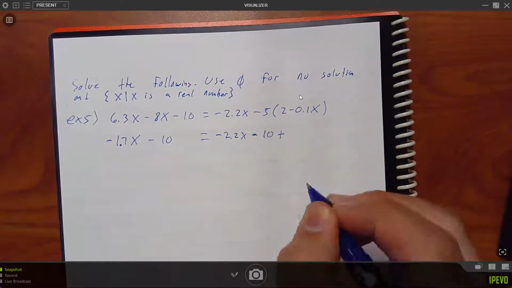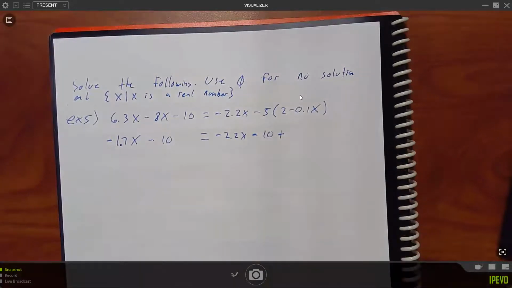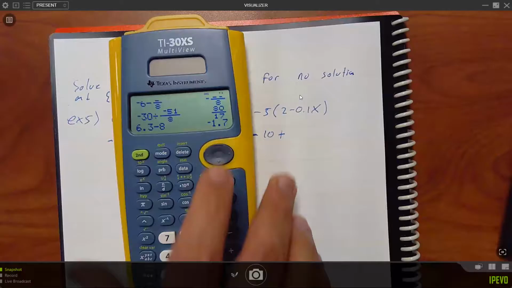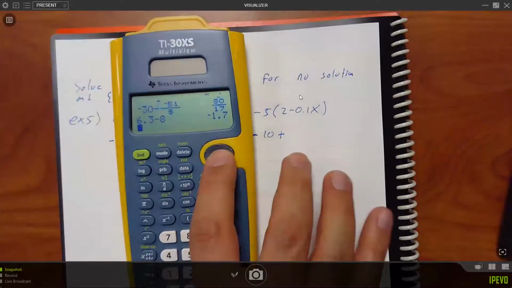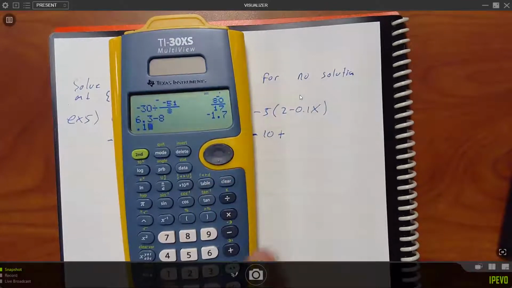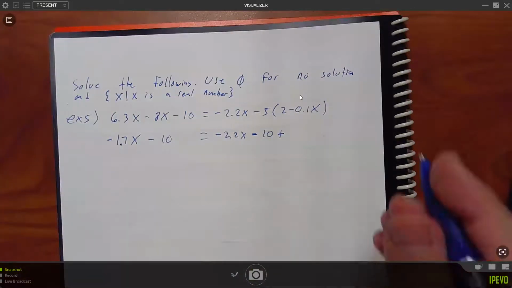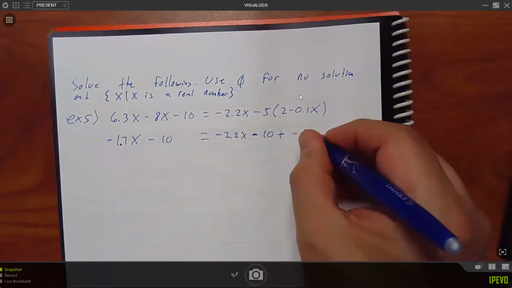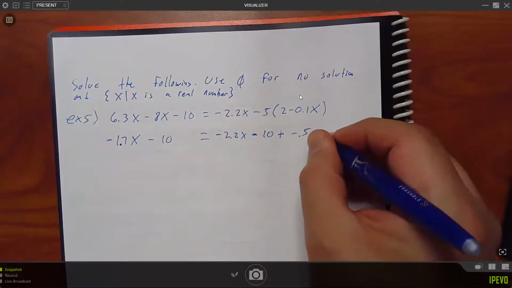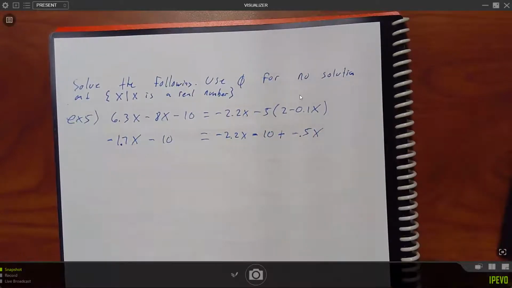What would that be? Let's find it. 5 times 1 is 5. Let's see. There we go. 0.5x.